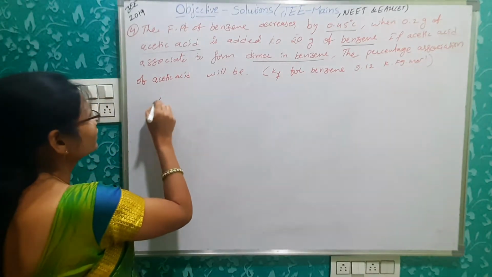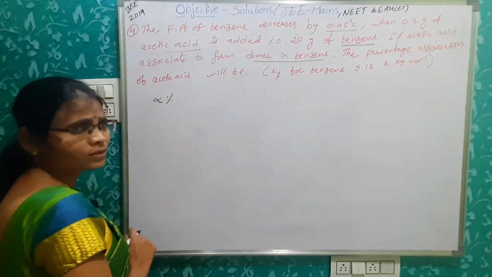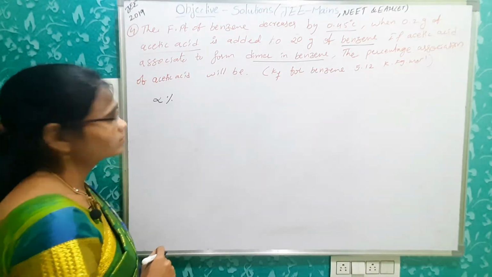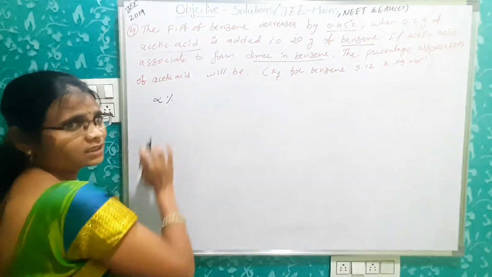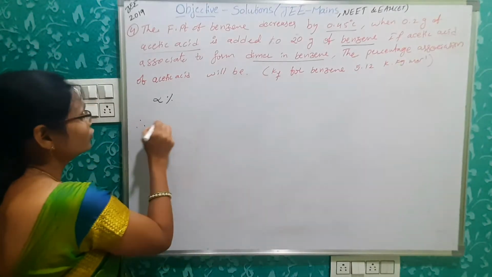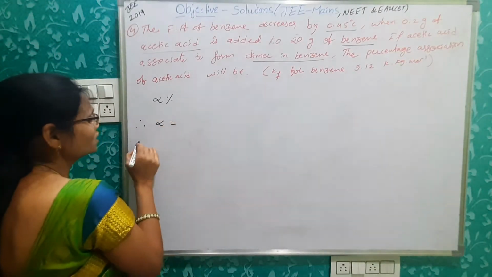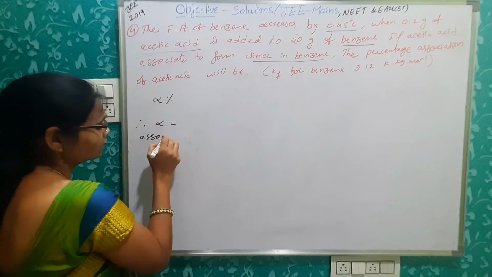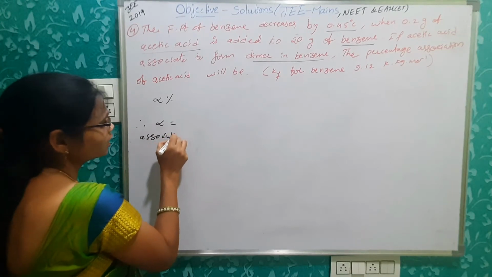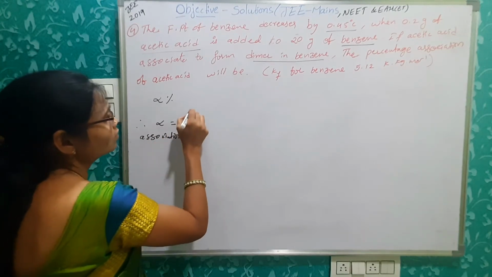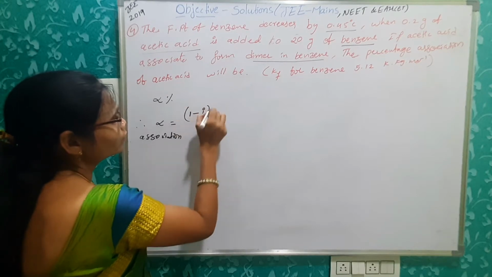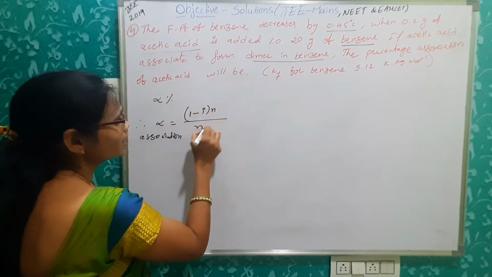Okay, we have to calculate the percentage of association of acetic acid, alpha %. For association, degree of association alpha is equal to (1 minus i) into n by (n minus 1).